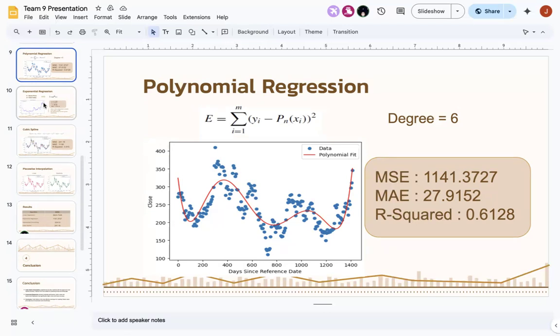It actually fits the data much better than the linear one, and it has significantly lower MSE and better MAE and R squared. We used a degree of 6 for this algorithm, and we got much better results. But actually, the results will be better with the next algorithm.